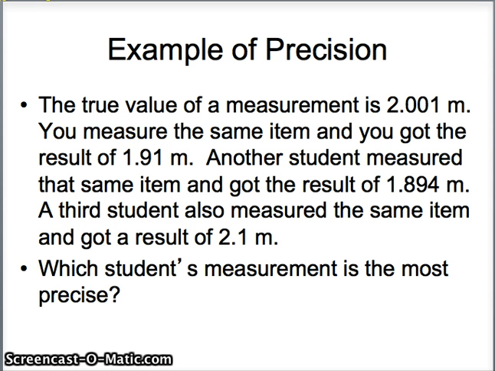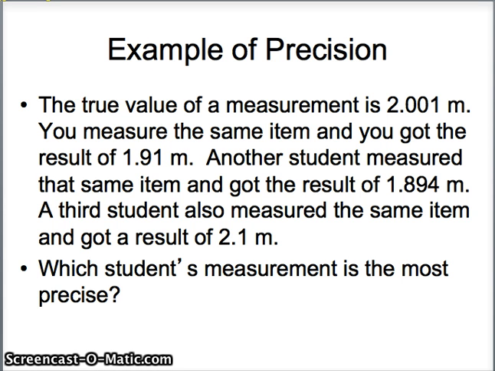Now in the same example, a third student measures the same item and gets 2.1 meters. Now, which of these students is more precise? Remember, the previous question was about accuracy. This is now precision. Take a moment, pause, and think about it.